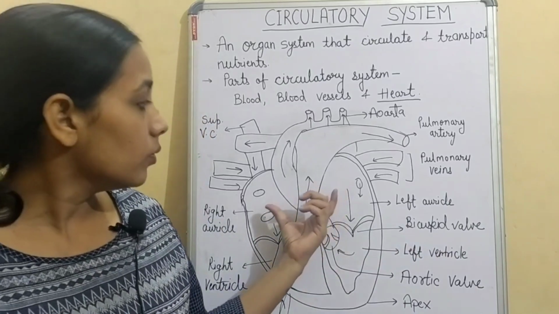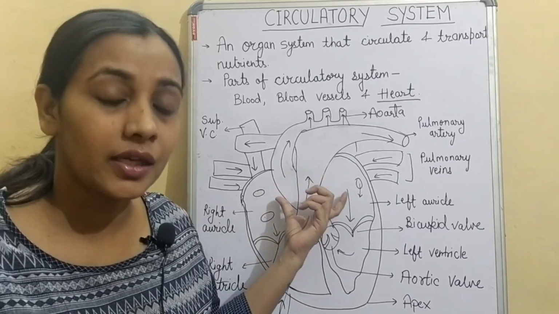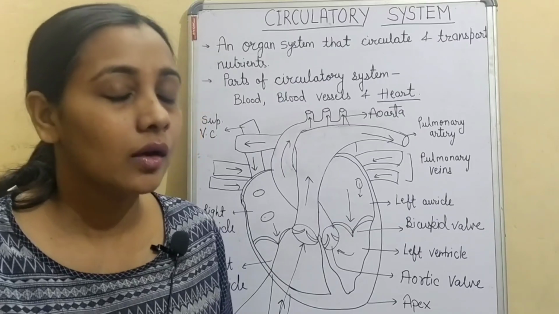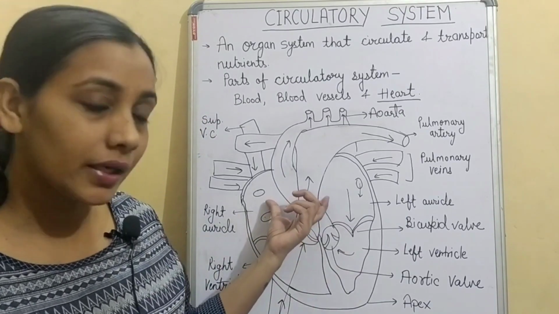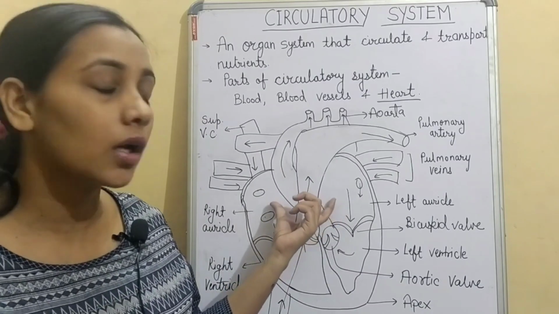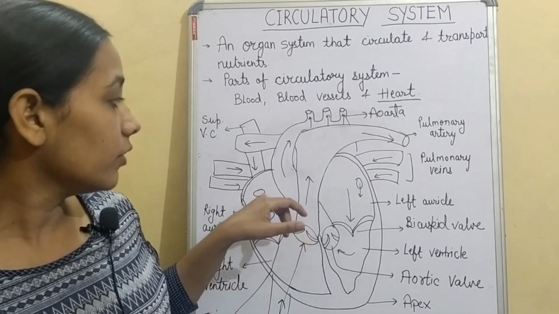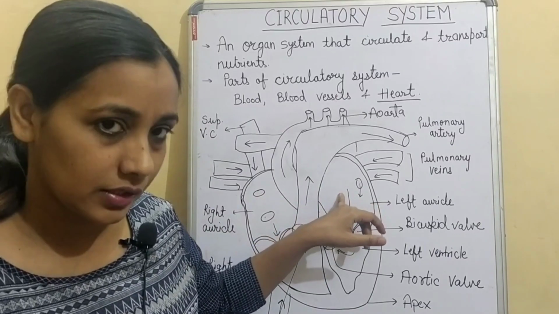Okay, now both auricles, that means the upper chambers of heart, are known as receiving chambers of heart. Why are they called receiving chambers? Because blood from the different parts first comes into the auricles. Okay, so in the right and in the left auricle, blood will come first.